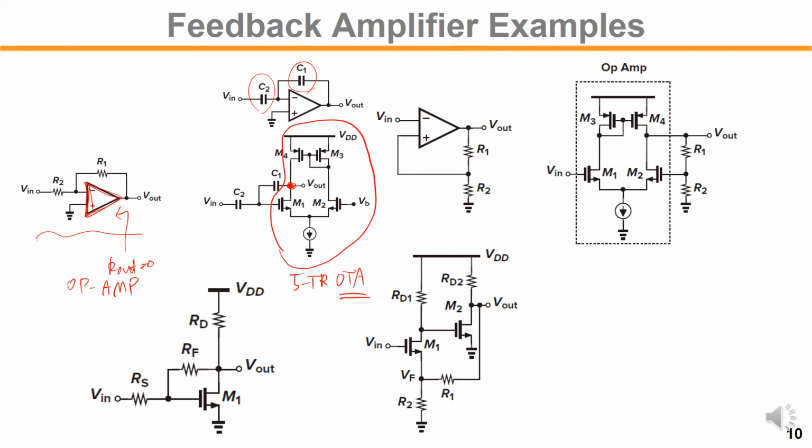Still, it is fine because most on-chip buffers have a load impedance that is not a resistive load. In most cases it is a capacitive load, so the DC gain is not collapsed at all. So we can use the OTA structure for a capacitive load.